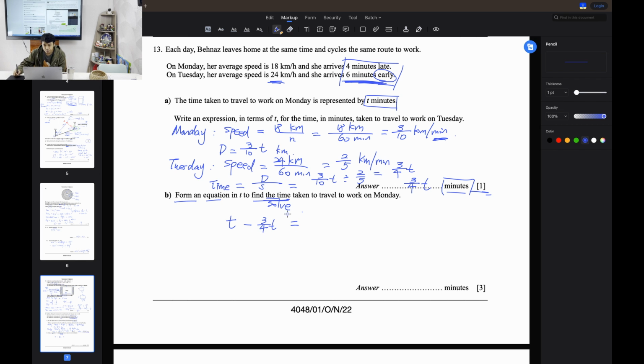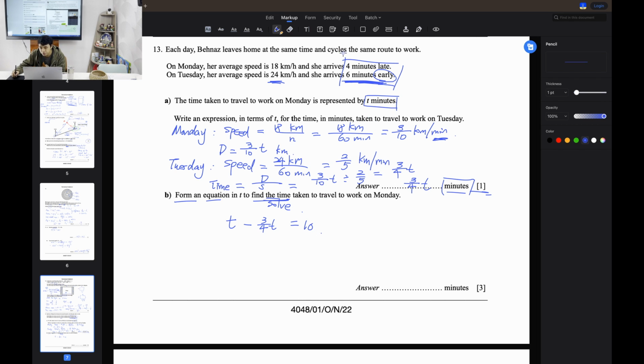The time difference between these two timings is 4 plus 6. Why? Because on Monday you are 4 minutes late, but on Tuesday you are 6 minutes early, so the difference between these two times is the 4 minutes plus the 6 minutes. So it's 10 minutes.